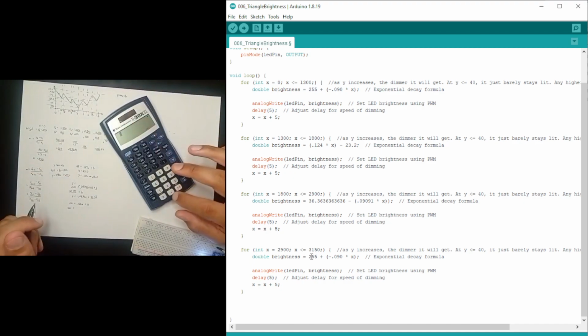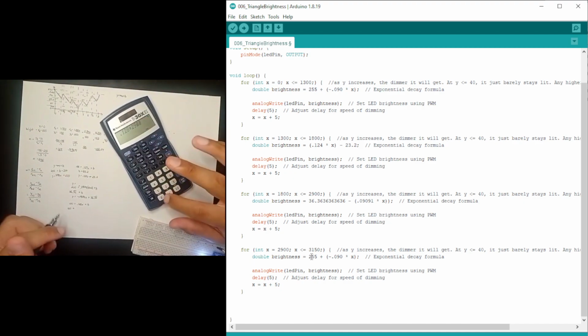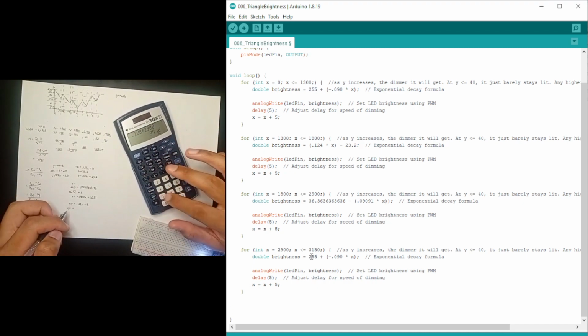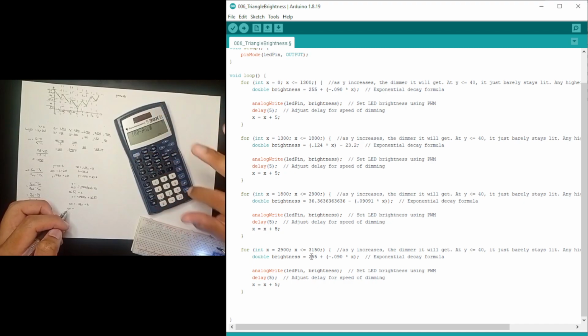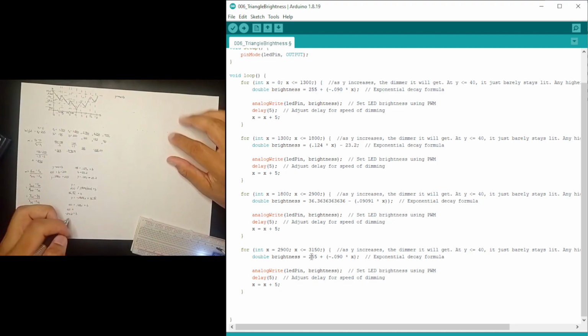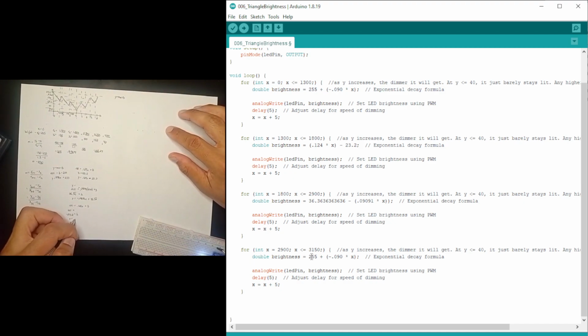So 0.128 times 2900 equals that. 100 minus that answer equals b, which is minus 271.2. y equals 0.128x minus 271.2.